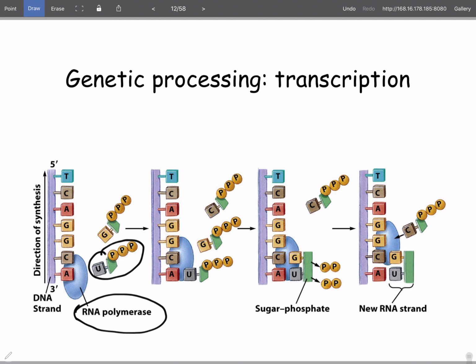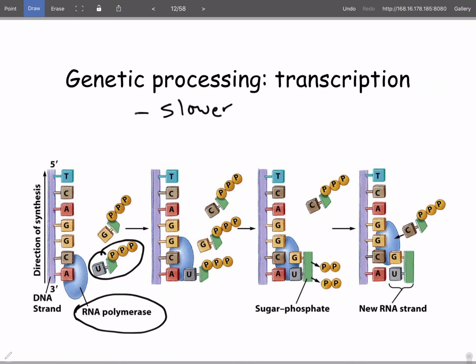RNA polymerase is also going to do things a little bit differently. One thing is that it's going to go much slower than DNA polymerase. DNA polymerase processes nucleotides at about 1,000 nucleotides per second. So it's moving really quickly. And you may say, why is it moving so quickly?